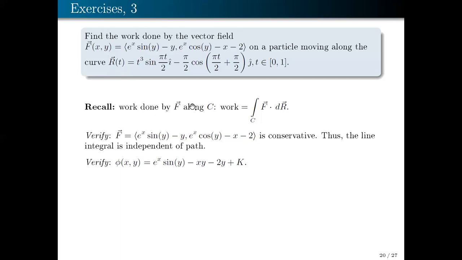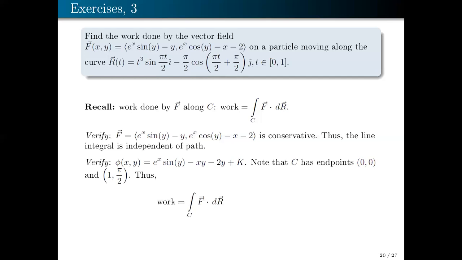Okay. When t is 0, r of 0 is (0, 0). And when t is equal to 1, then r of 1 is (1, pi over 2). Okay. So we use these two endpoints now to compute your line integral using FTLI.